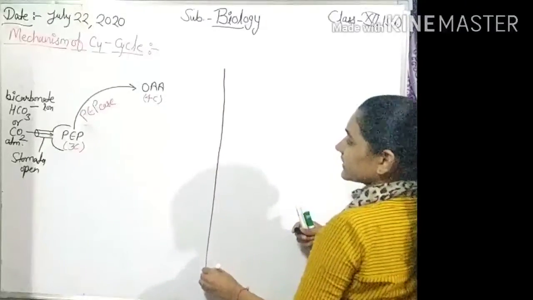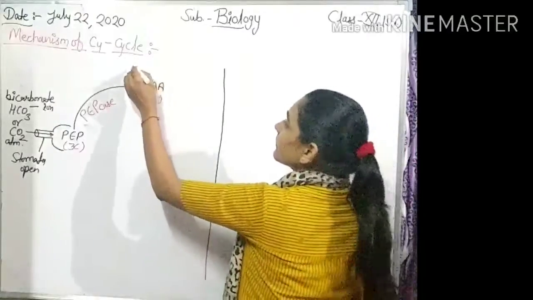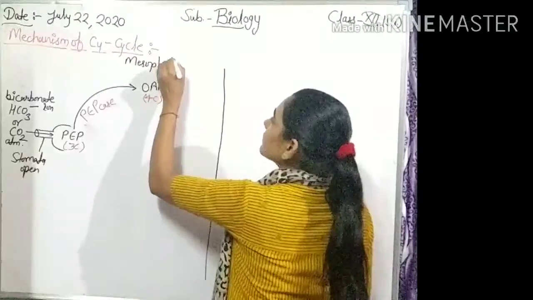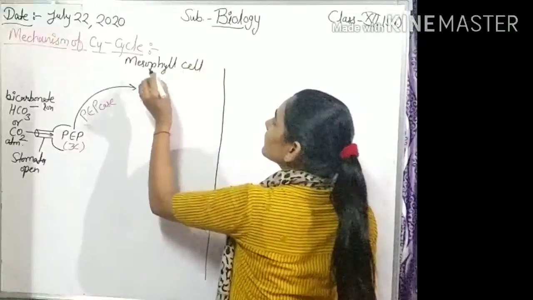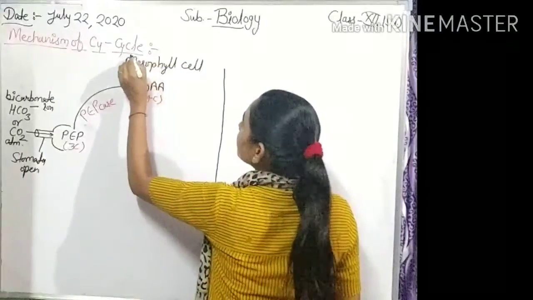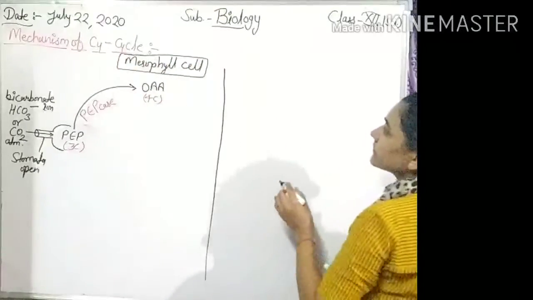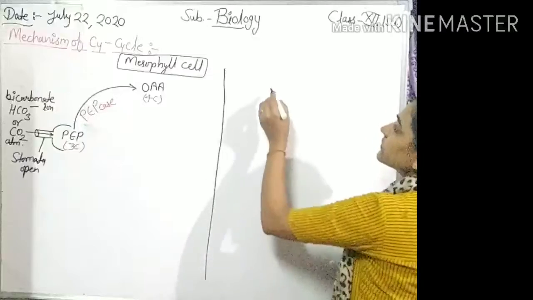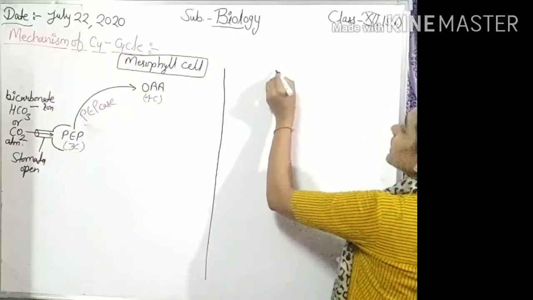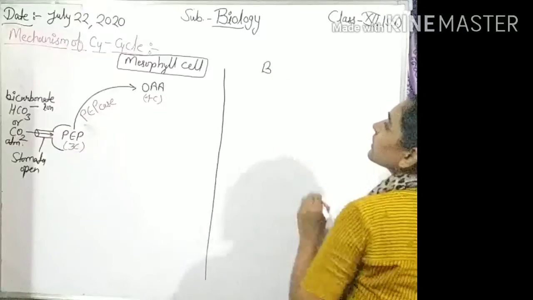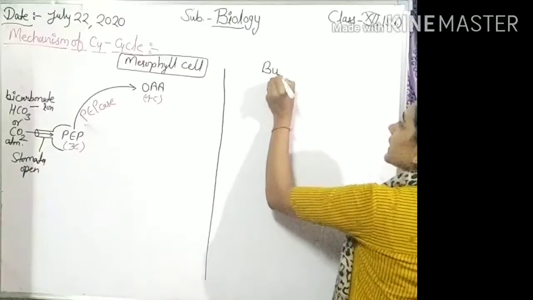And this reaction occurs in mesophyll cells, because in C4 plants Kranz anatomy is present.